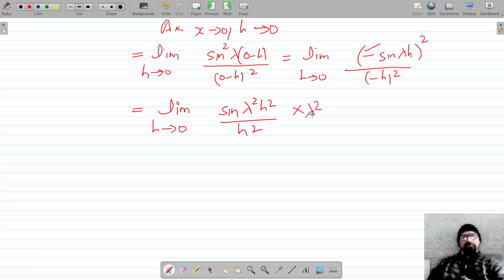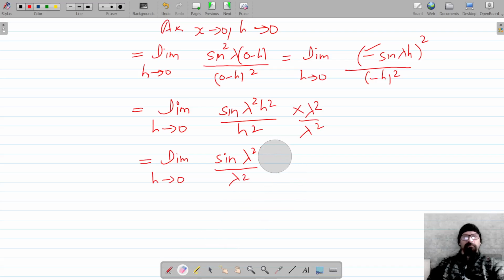Now let me multiply this with lambda square, and I can write it as limit h tends to 0 of sine of lambda h the whole square upon h square into lambda square, with lambda square by lambda square outside. Then we have h square into lambda square left in the denominator.